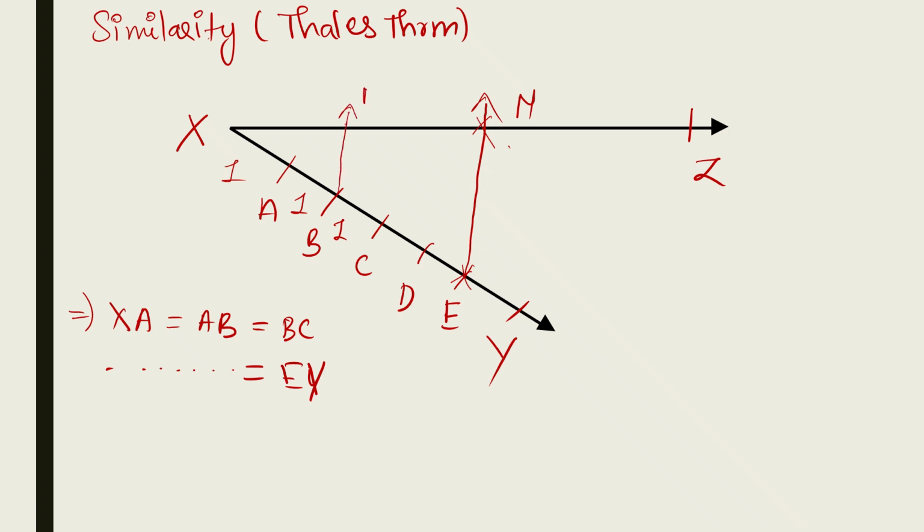Let me name this point N. This is M, this is N. Now here you can say XB by BE is equal to XN by NM. They will be proportionate.